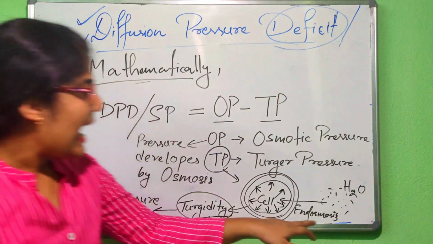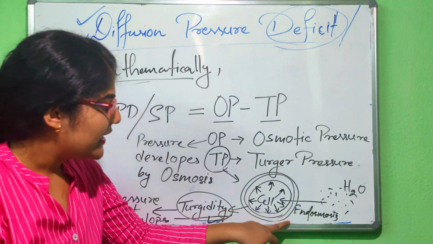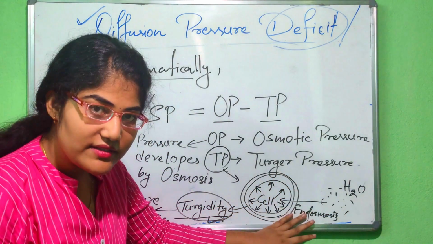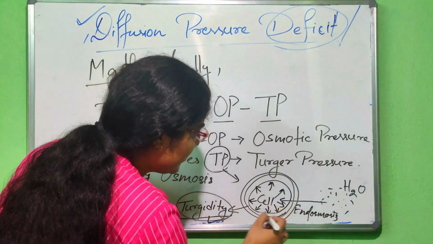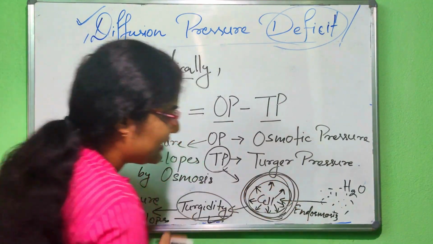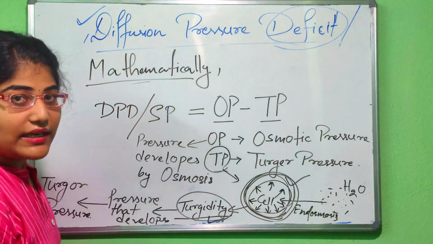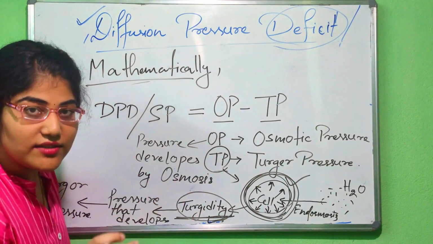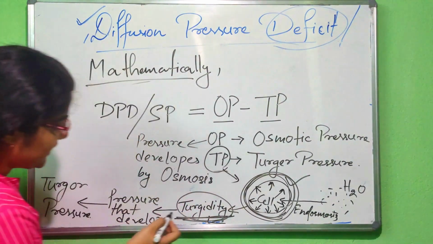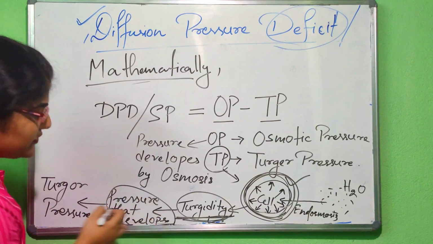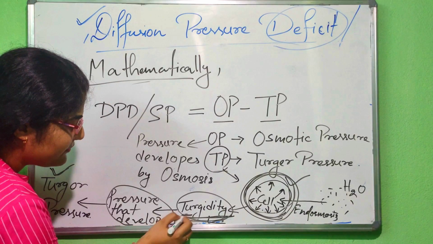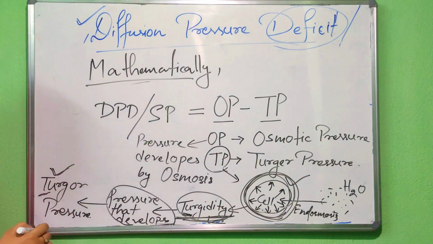As the water enters into the cell by endosmosis, it creates pressure inside the cell. This pressure increases the size of the cell and swells it up. When the cell swells, it is called the turgidity phase of the cell. Due to turgidity, the pressure that develops inside the cell is called the Turgor pressure. Mark T for turgidity, T for Turgor. Turgidity means Turgor pressure.